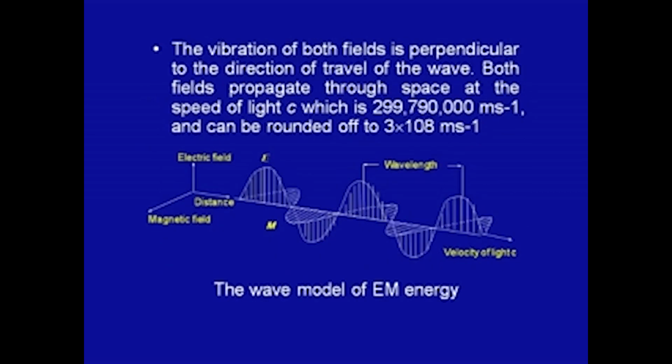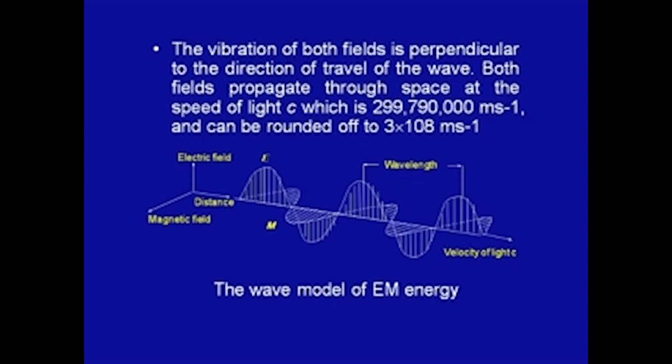The vibrations of both the fields are perpendicular to the direction of travel of the waves. Both the waves propagate through space at the speed of light c, which is equal to 299,790,000 meters per second, and can be rounded off to 3 × 10^8 meters per second.